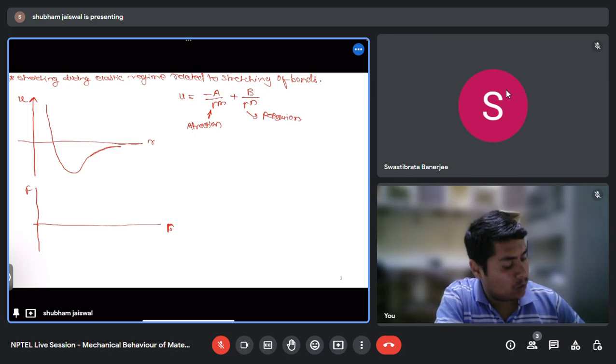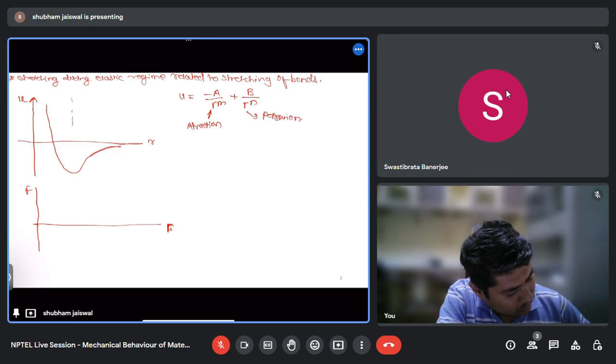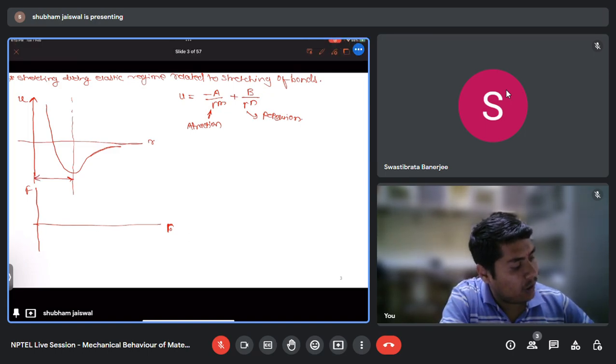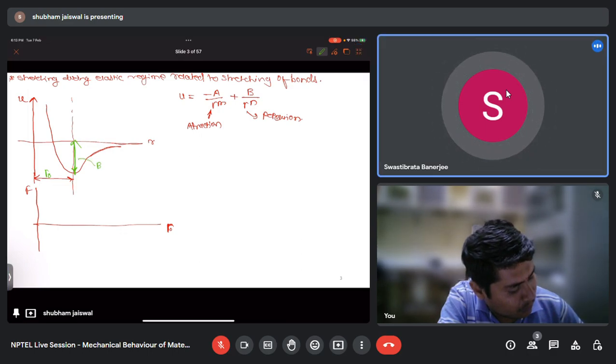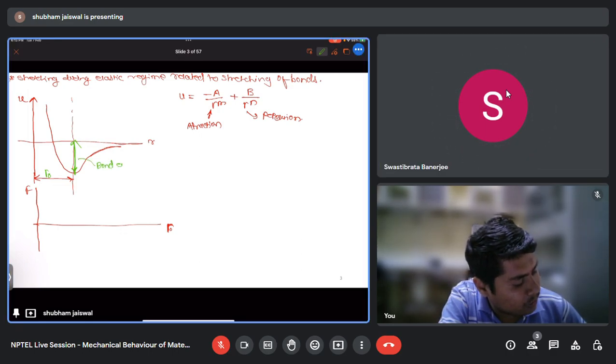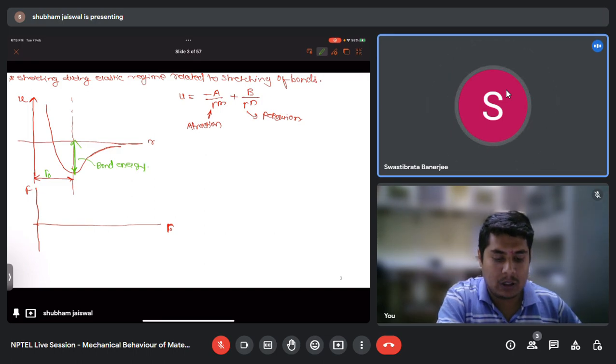The distance at which we have the minimum energy is the equilibrium distance, denoted by r naught, and this is the minimum potential energy, which we also call bond energy.